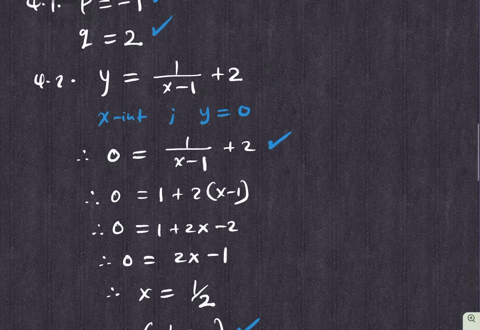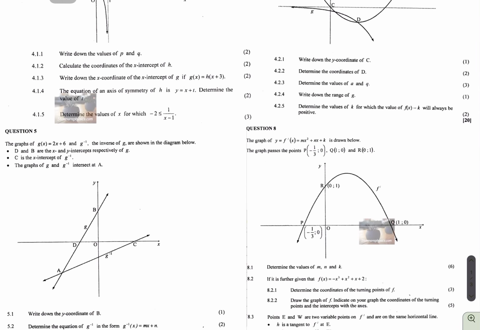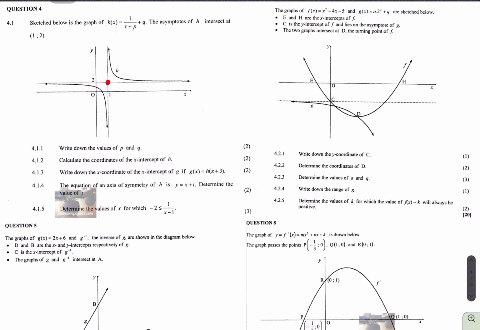But if you want to really look at it from the graph, you are moving this graph of h 3 units to the left. Think about it. You are having a half there, that is 1 over 2. Let's have 1, 2, and then a 3. So I'm going to have a 3, 2, but they are negative, and then negative 1 here.